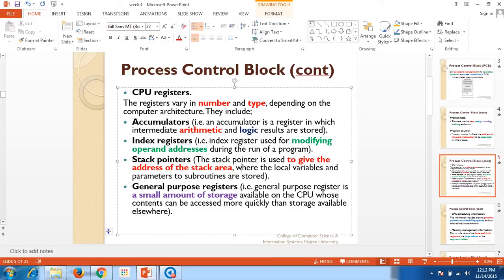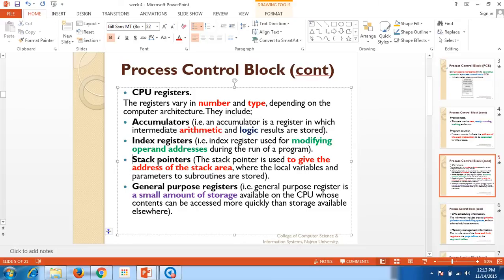So what are these registers? First, the accumulator, which is used to store the intermediate arithmetic and logic results. Then we have index registers, which are used for modifying the operand address when the program is in running mode.